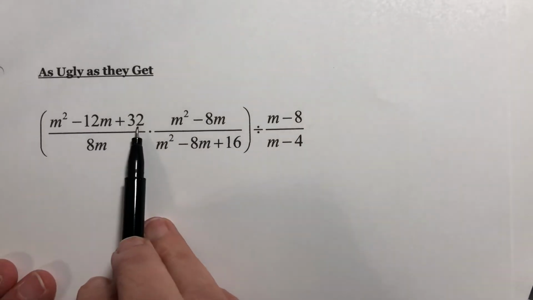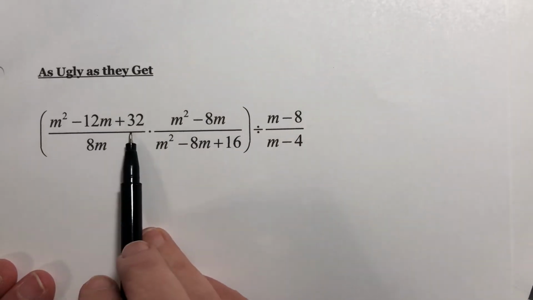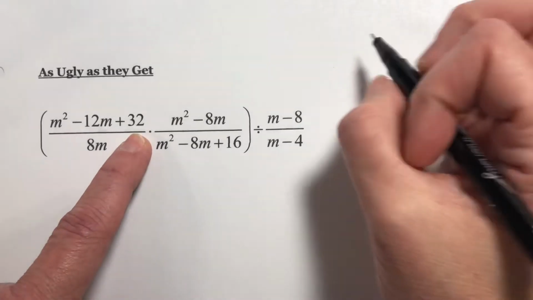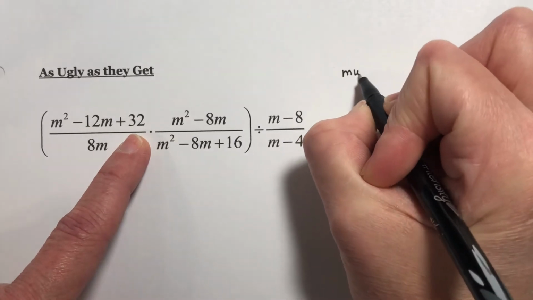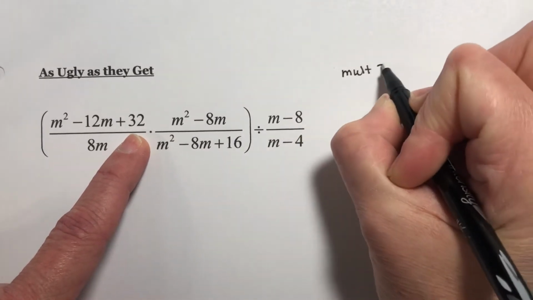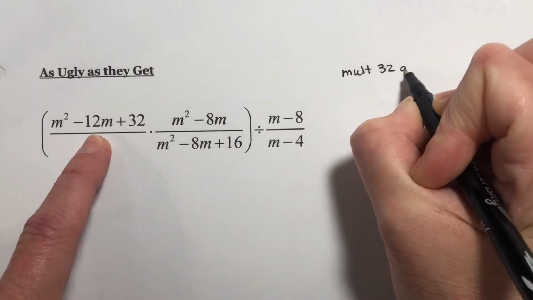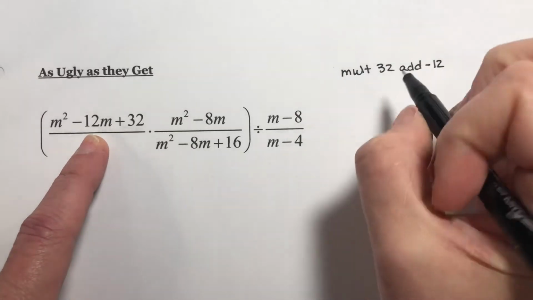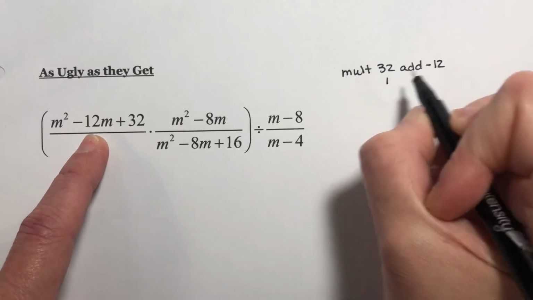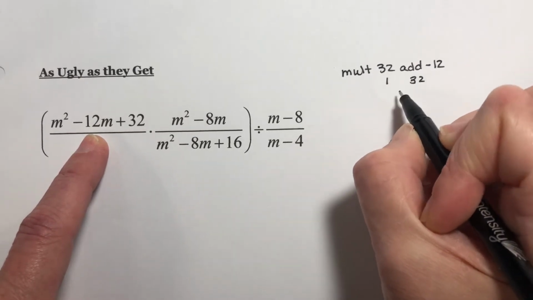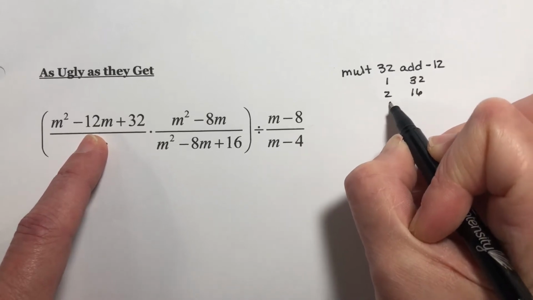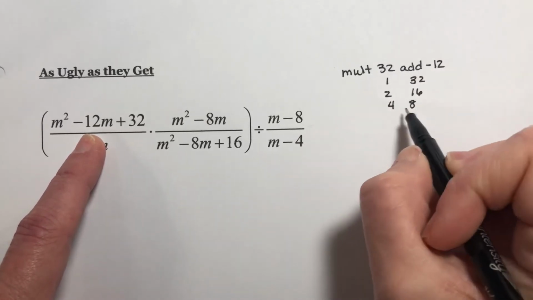For this one, I do not have a GCF. I don't have a perfect square here, so I'd be looking for 2 numbers that multiply to 32 and that add to a negative 12. Well, things that multiply to 32 would be 1 and 32, 2 and 16, 4 and 8. 4 and 8 is going to work, right?